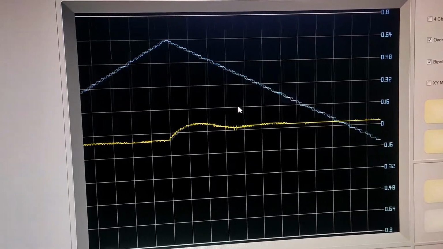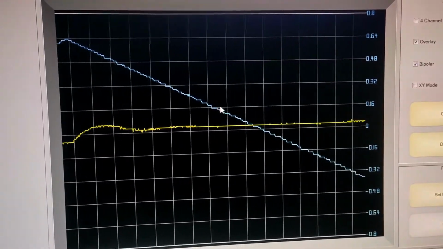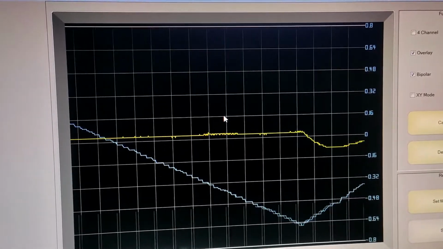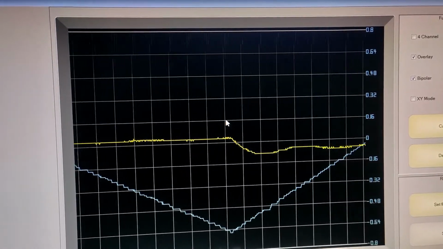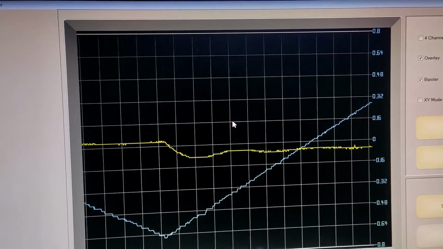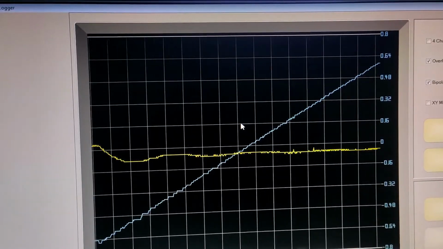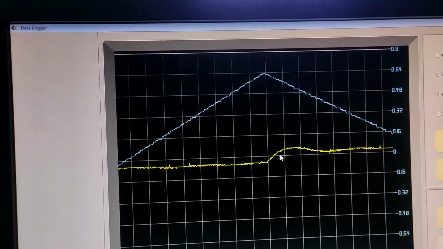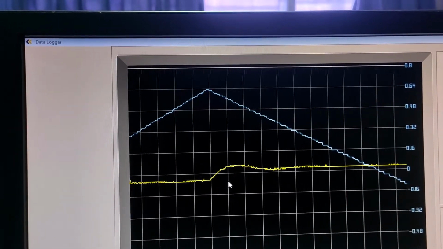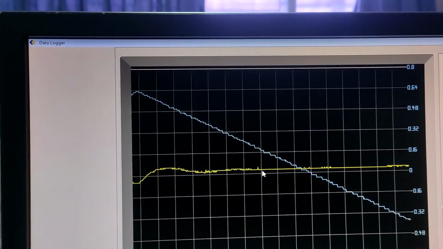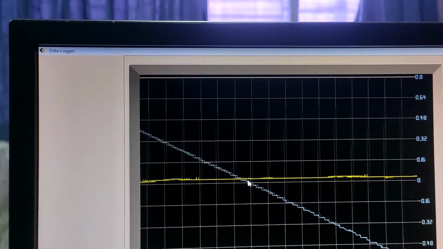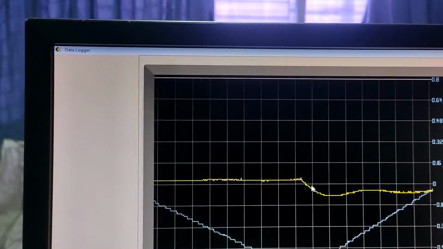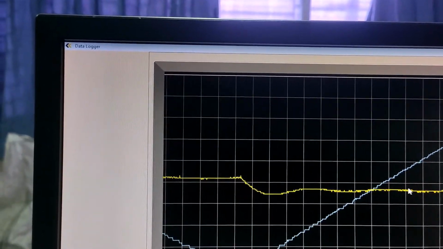This yellow one is the input voltage, which is a triangular waveform that fluctuates from minus 0.54 to plus 0.54 volt. Where the polarity is changing, at this peak point, there is some overshoot, and some error also. It is not following the zero. Some error is there.